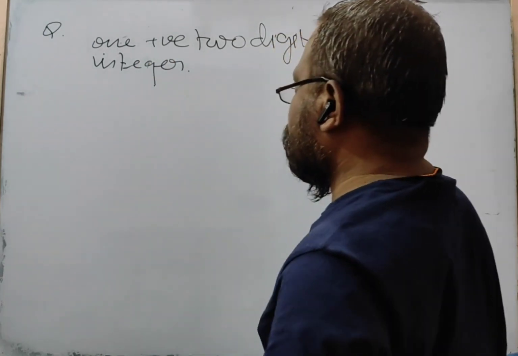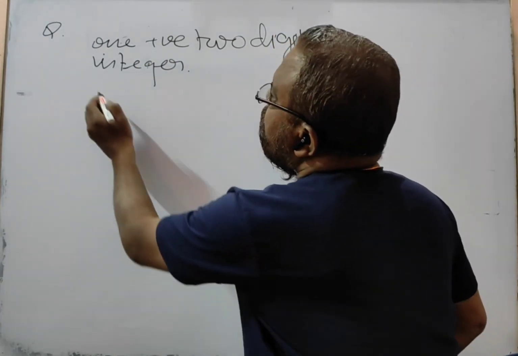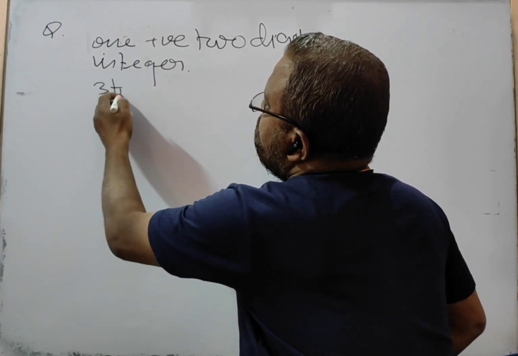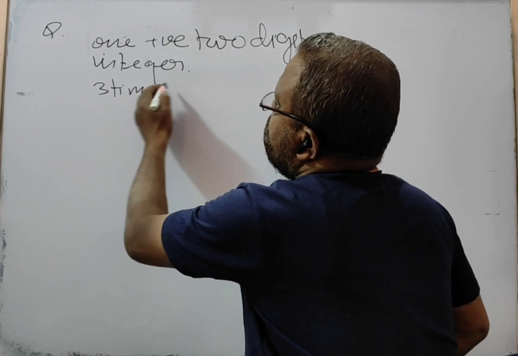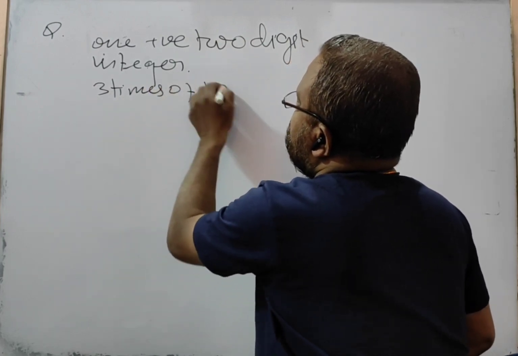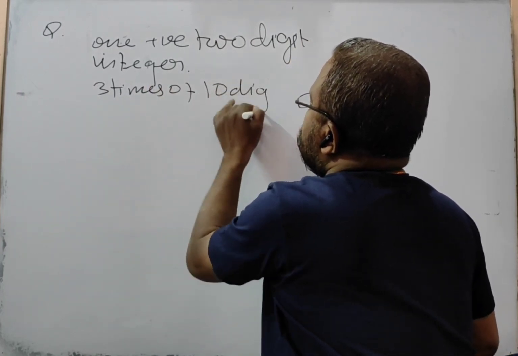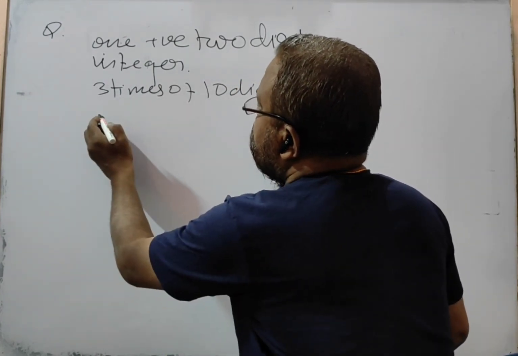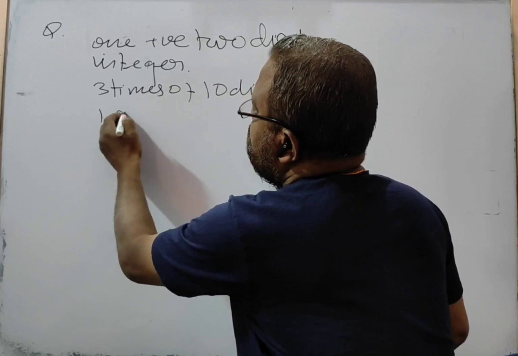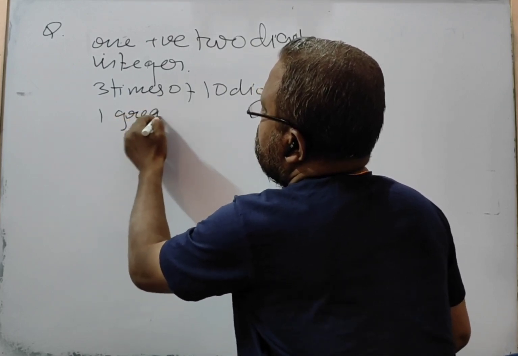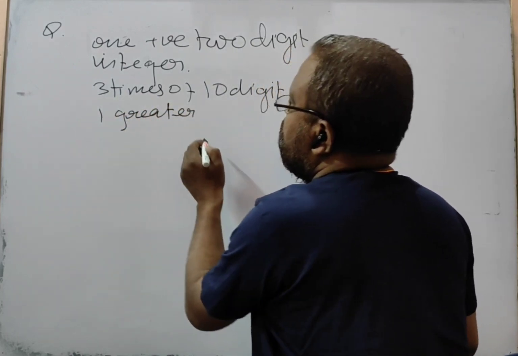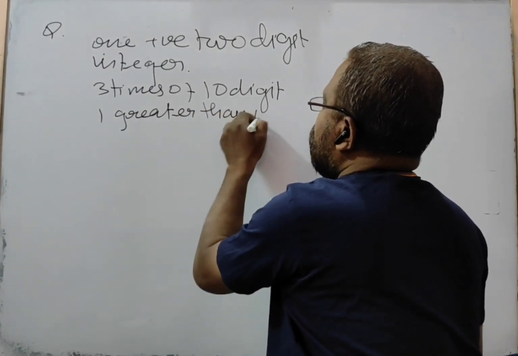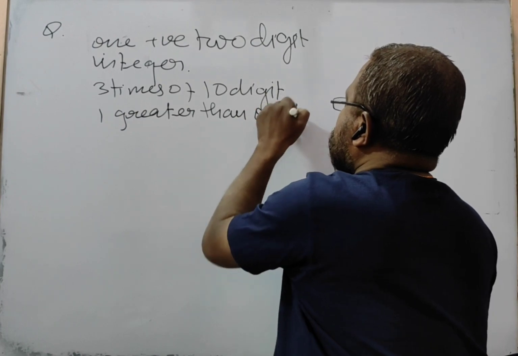Now, three times of the tens digit is one greater than the ones digit.